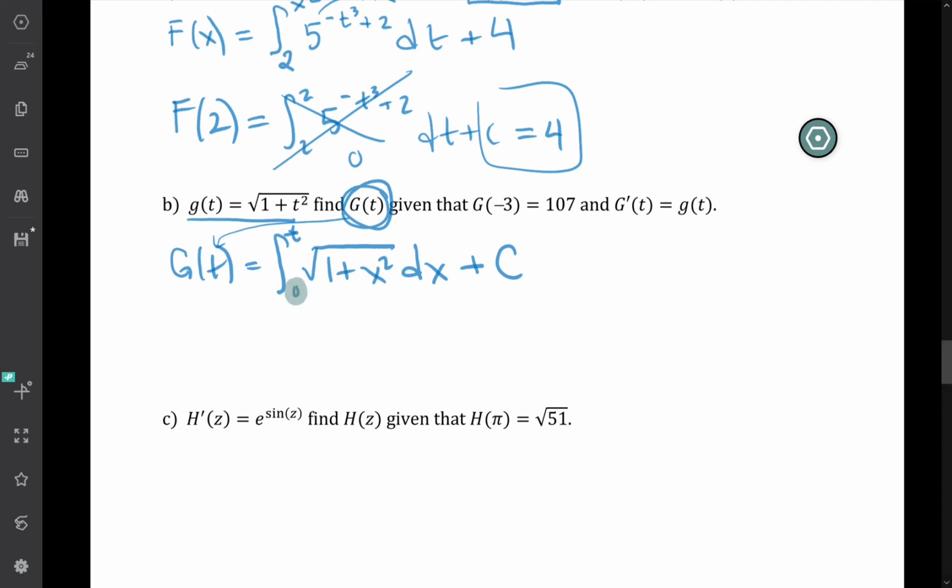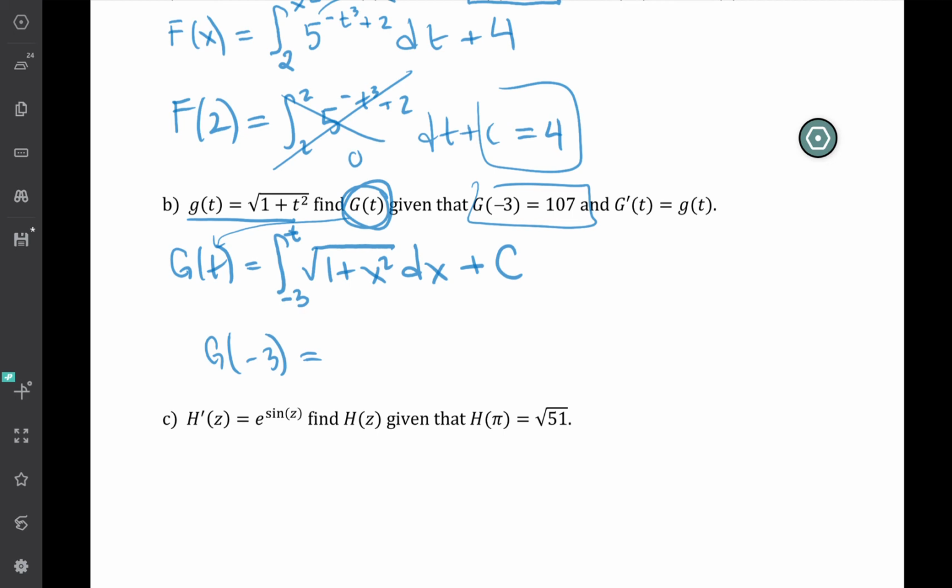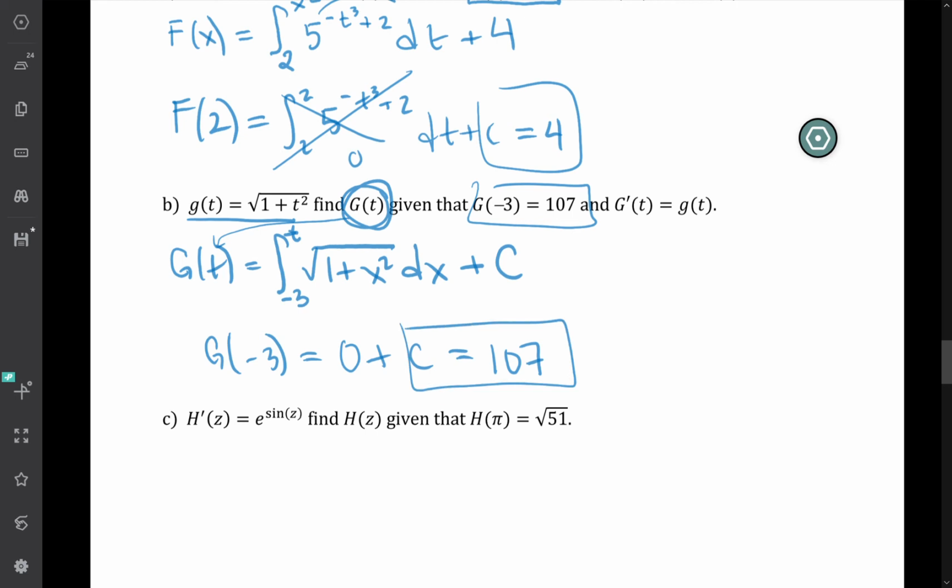I can also adjust my starting point, and I think I'm going to, because if I want it to be easy for me to write down a plus c on this, it needs to be easy for me to calculate G of negative 3. So now I can say G of negative 3 is the integral from negative 3 to negative 3 of the square root of 1 plus x squared dx, which is going to be 0. And I want that to end up being 107, which means c has to equal 107. So that's my answer right here.